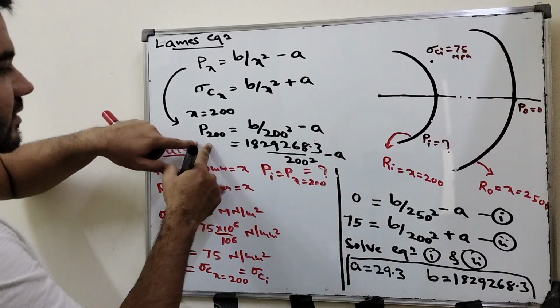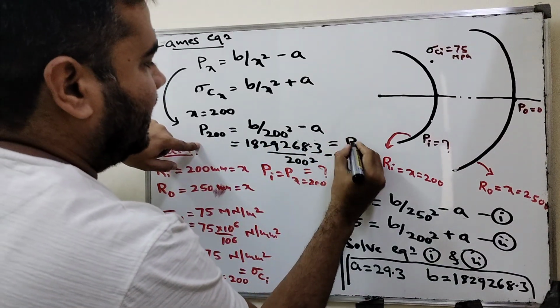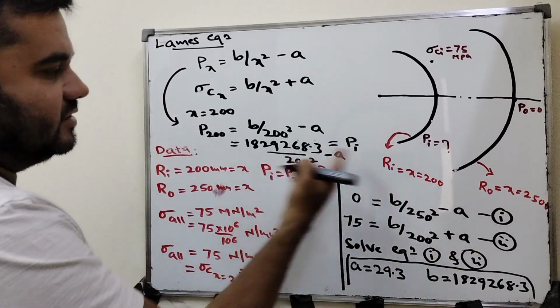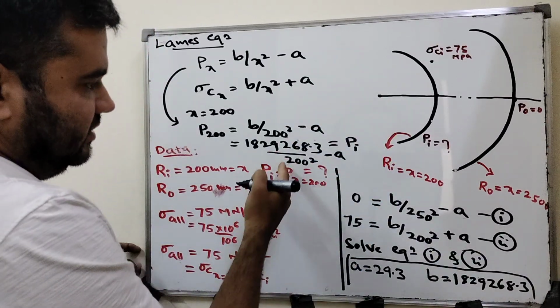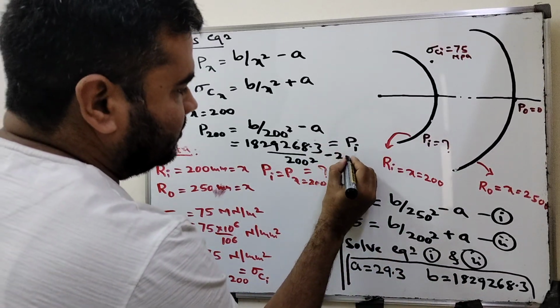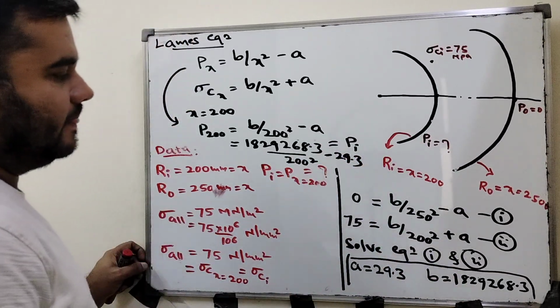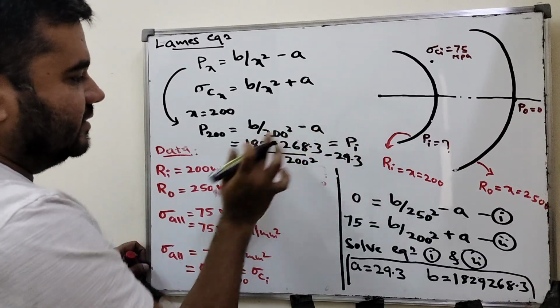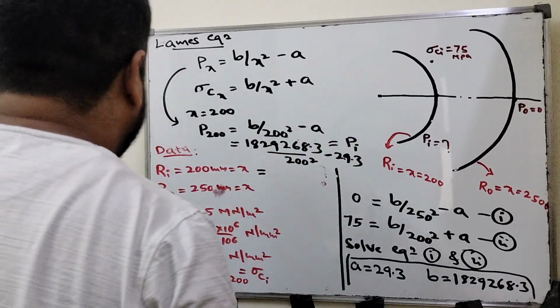Now this is nothing but P at i, pressure inside, because 200 is the inner radius. So substitute and calculate. Minus A, A is 29.3. Simplify and calculate.